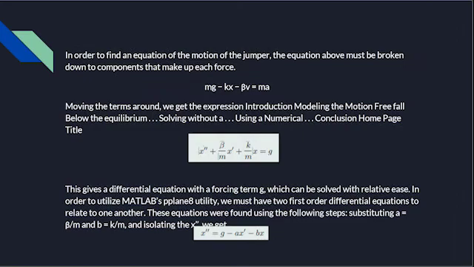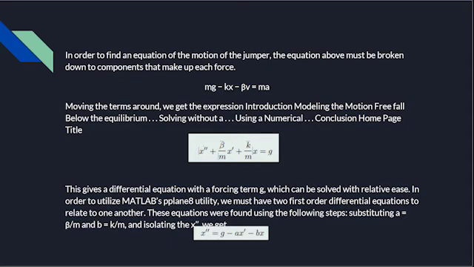In order to find an equation of the motion of the jumper, the equation above must be broken down to the components that make up each force, which is mg minus kx minus beta v equal to ma. Moving the terms around, we will get the expression modeling the motion of free fall.